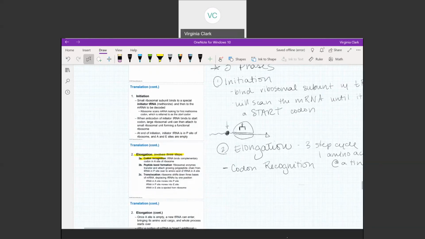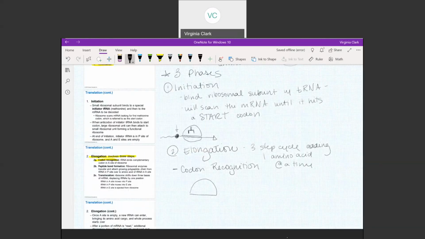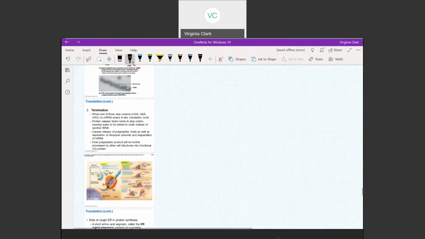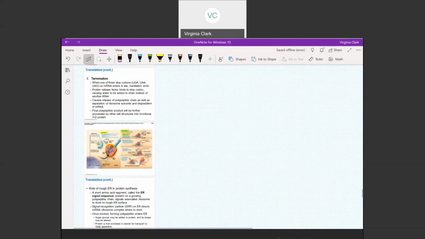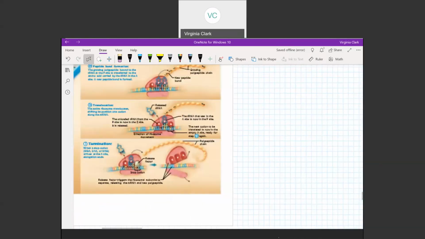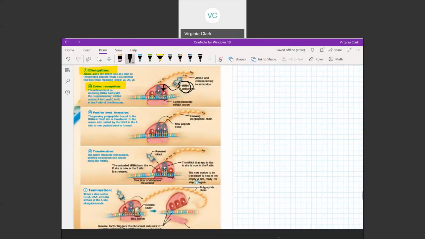Inside my subunit, I'm going to have an A site, a P site, and an E site. So this incoming tRNA is going to bring with it into the A site. Okay, I drew it backwards.